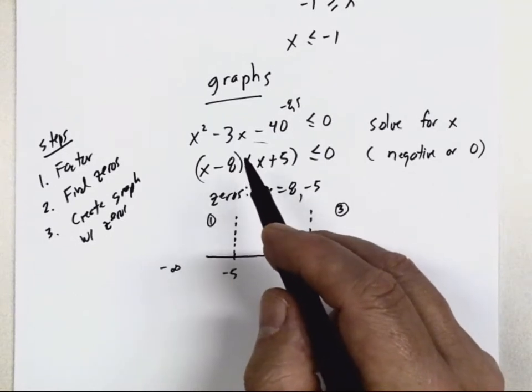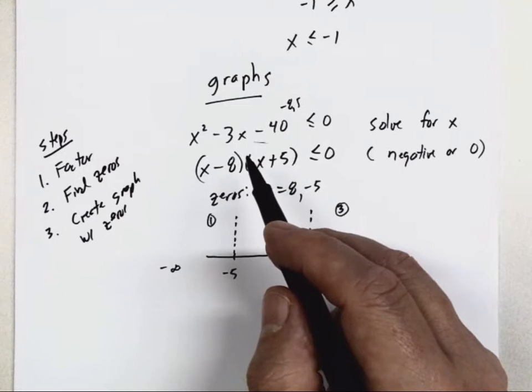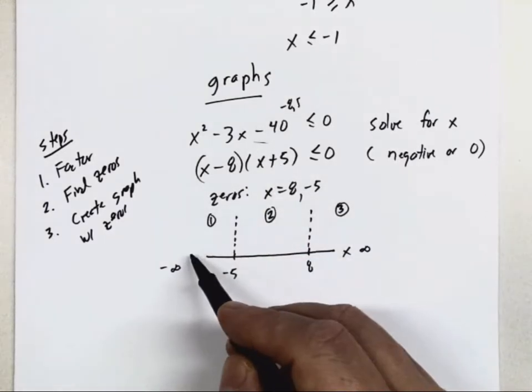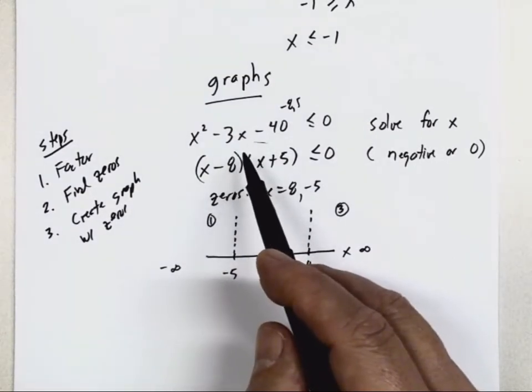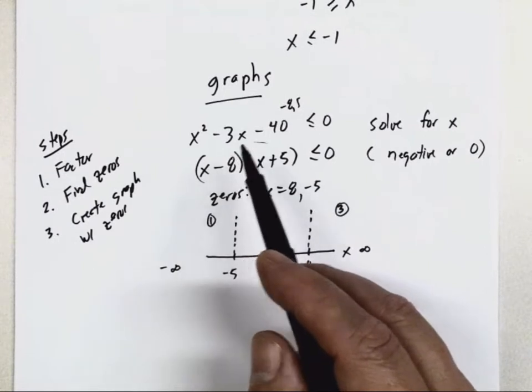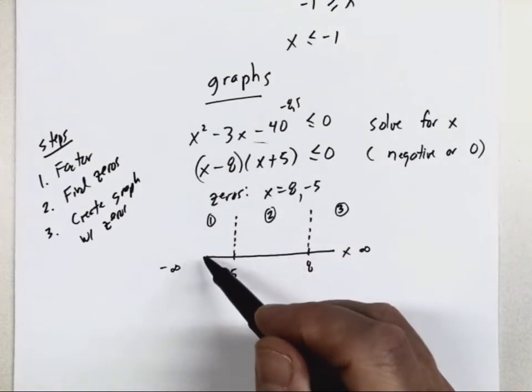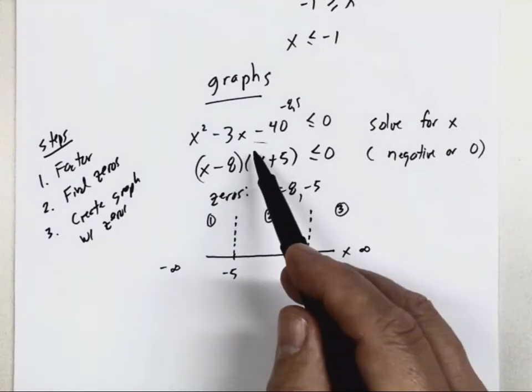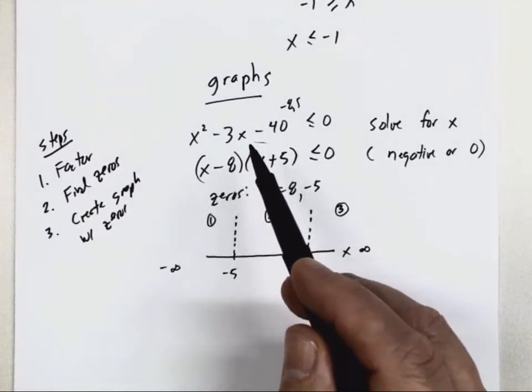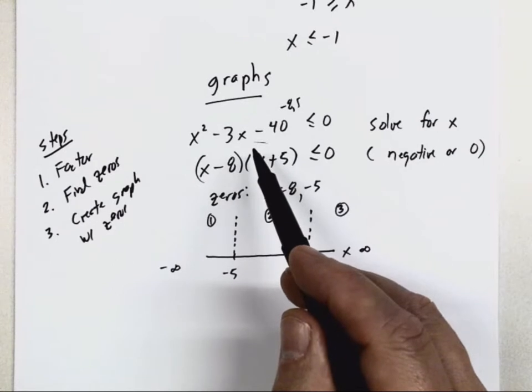It's either always going to be a positive number or always a negative number. In other words, if I chose minus 10 and I plugged in minus 10 for x, at this point I don't know whether it gives me a positive or negative number. All I know is every time I choose an x from region 1 and I plug it in here, it's always going to give me the same sign.